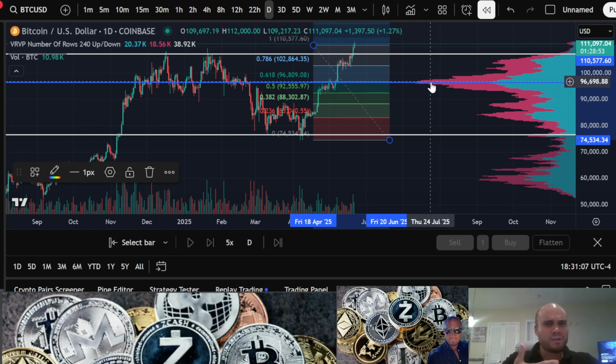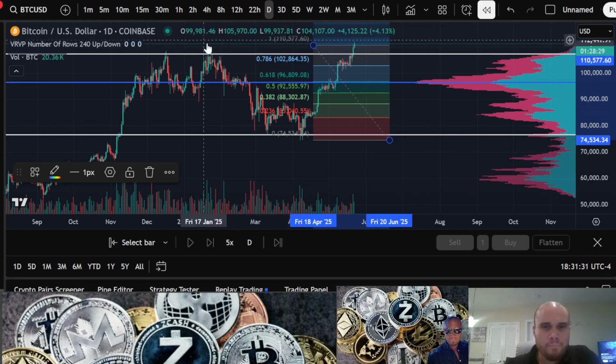Pretty much the same level, okay? But the POC was confluent with the golden pocket retracement at 0.618 for Bitcoin over the last few months here. So the Fibonacci traders were keying on that level, and the traders that use the VRVP were also keying on that level as well, using the point of control, okay?